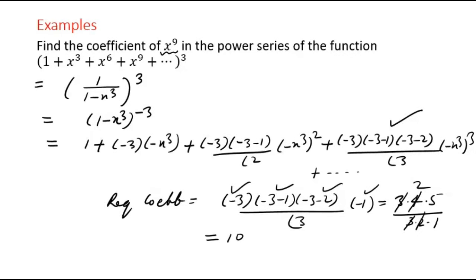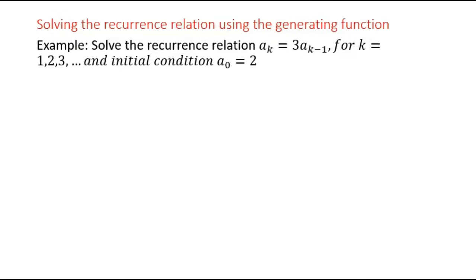So next we are going to take problems based on how to solve recurrence relations using the generating function. Okay, so let us move to that. So take this problem first: a_k is equal to 3 times a_(k minus 1) for k from 1 up to infinity, and initial condition a_0 is equal to 2.